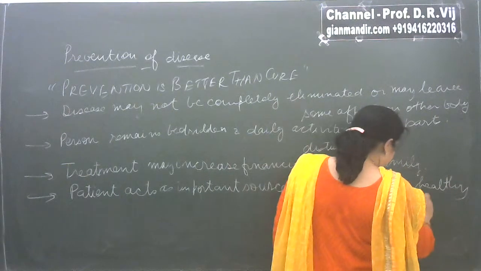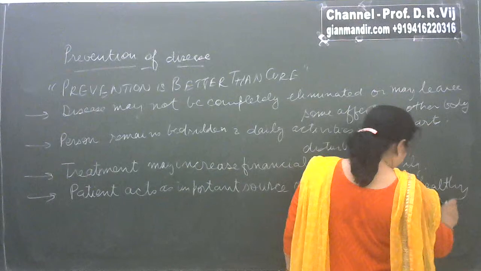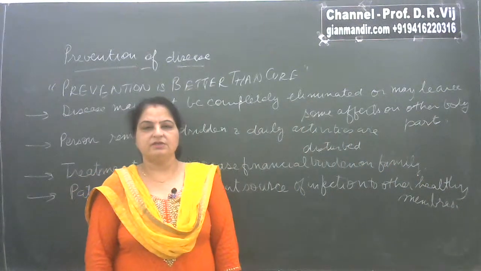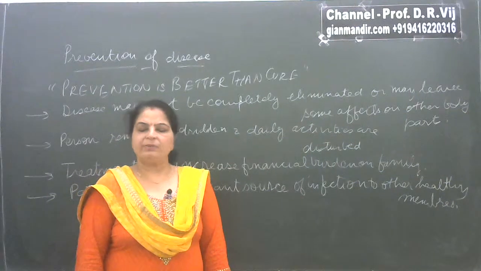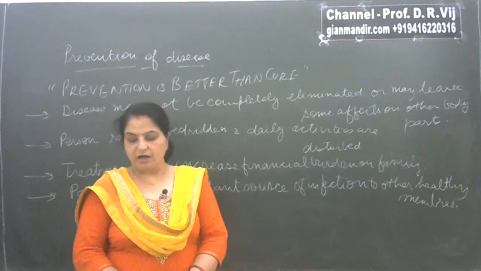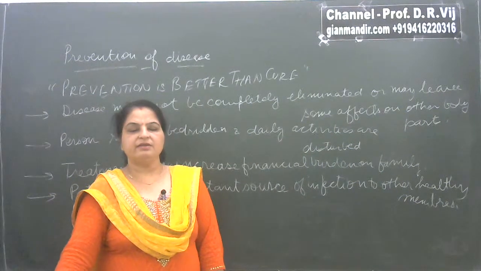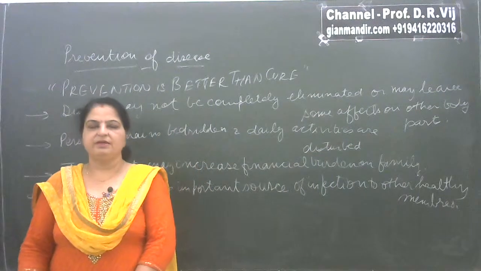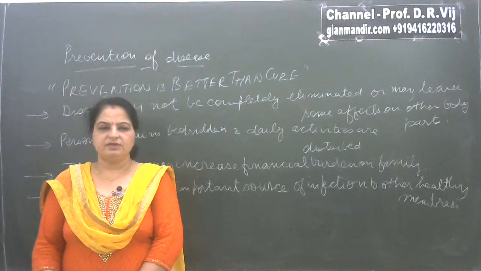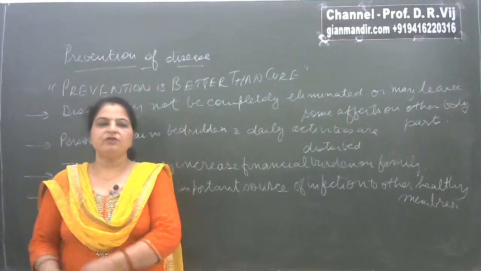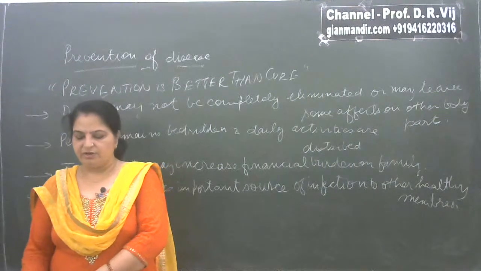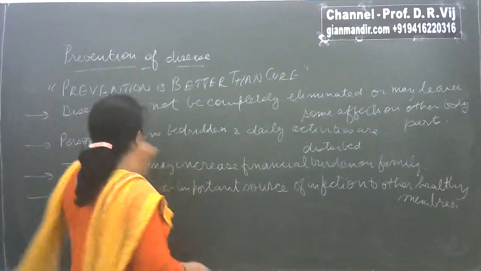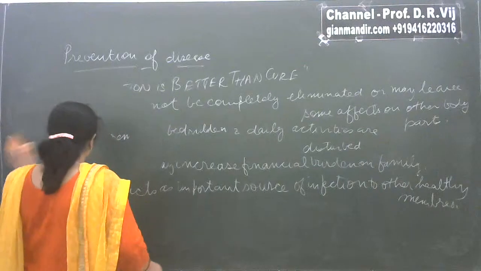That is, the possibility of spreading the disease increases due to the presence of this sick person. So, keeping all these things in mind, we can say very well that it is better to prevent the disease rather than having a disease and then getting it treated. If you talk about the methods of prevention of diseases, they may be categorized into two categories.